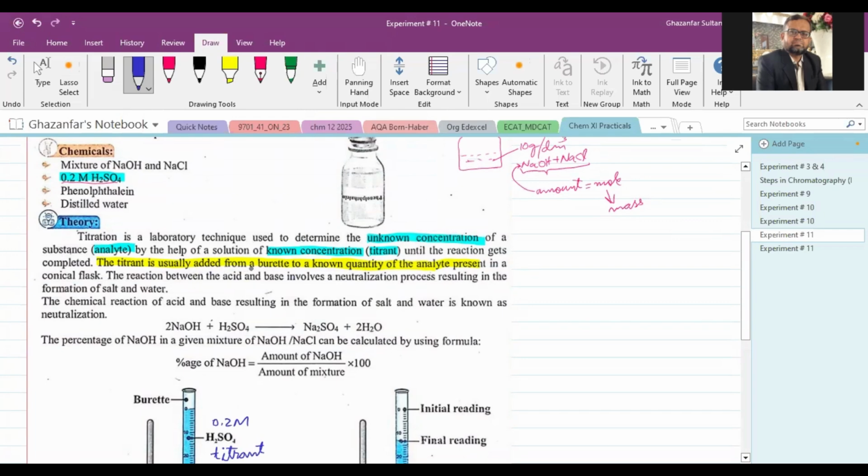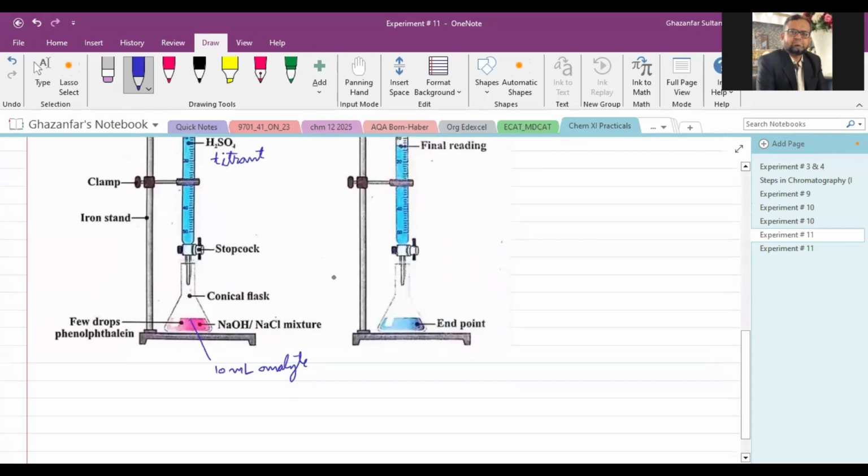So the titrant is usually added from the burette to a known quantity of the analyte present in a conical flask. You know, this is the conical flask, and although conical is also correct, the correct name is Erlenmeyer flask, named after the scientist who first invented this flask.